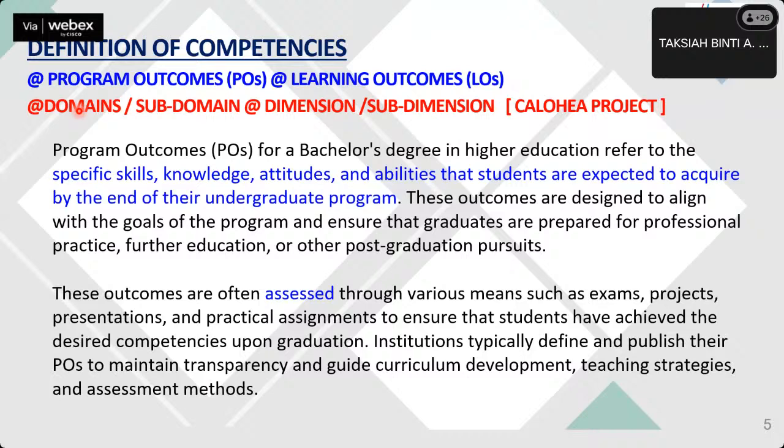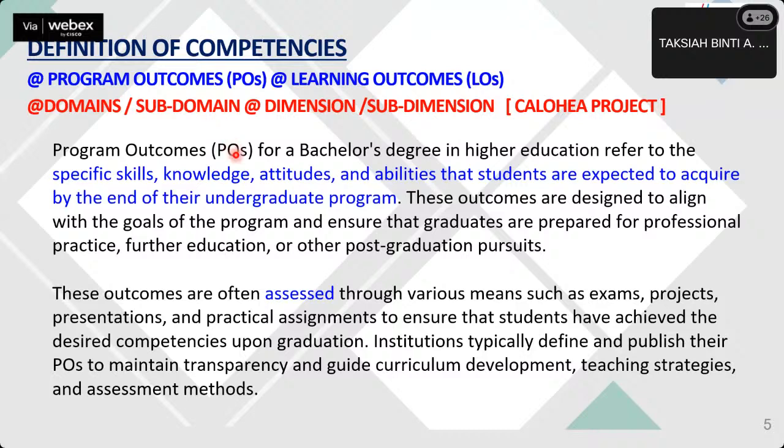I know medical uses the words domain and subdomain, whereas for engineering, civil engineering, in this particular project, we call it dimension with associated subdimensions. Okay, all this terminology refers to competencies.